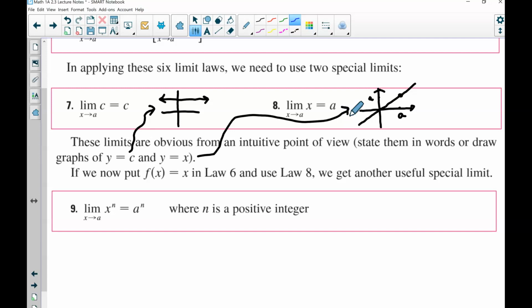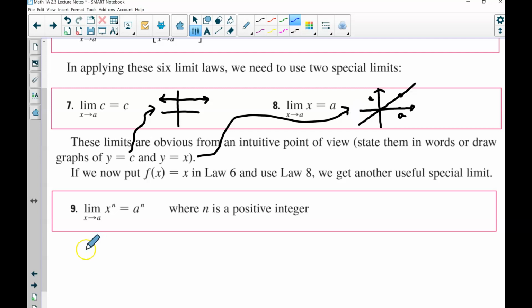Now, if we put f of x equal to x in law 6 and use law 8, then we get another useful special limit. Okay, and that means that the limit as x approaches a of x to the nth power is equal to a to the n.